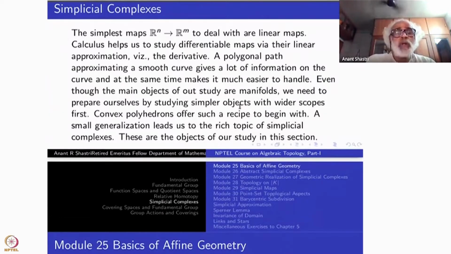A polygonal path approximating a curve gives a lot of information on the curve itself. In fact, all your fonts in computers and everywhere you see, they are made up of line segments.